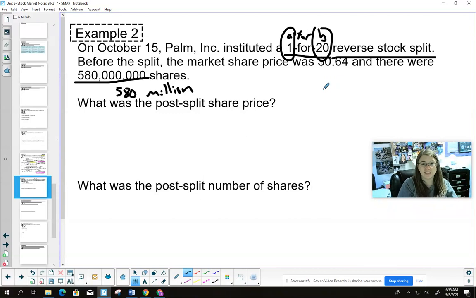So this is probably why they instituted a reverse stock split. Their share price is really low. These are what are called penny stocks. They're super duper cheap, yeah? And sometimes a company might want to say to themselves, our stock looks really cheap. Let's do a reverse stock split so it looks like our price is better, and that perception might help out our company and might get more investors.